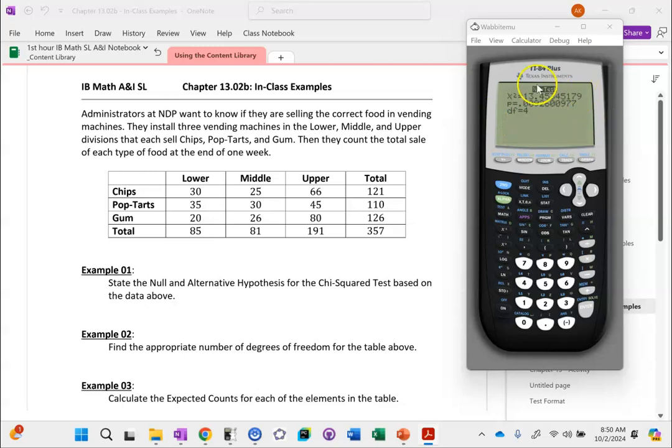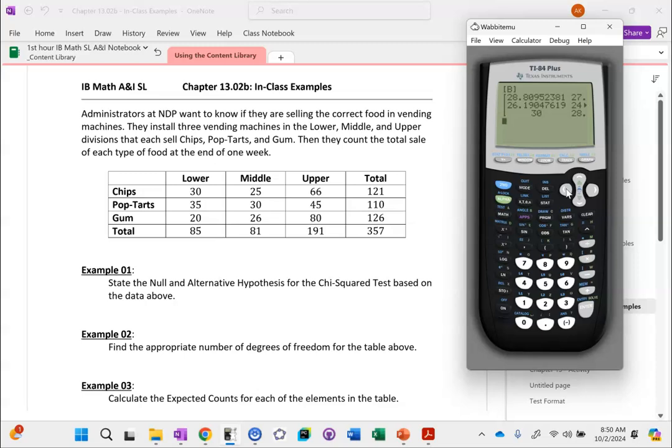So that is my chi-squared value and my p. And if I go back and look at, say, matrix B now, it has my expected counts already done for me. The calculator did it. You don't actually have to do your expected counts by hand. You just do the chi-squared test and it'll do it for you.